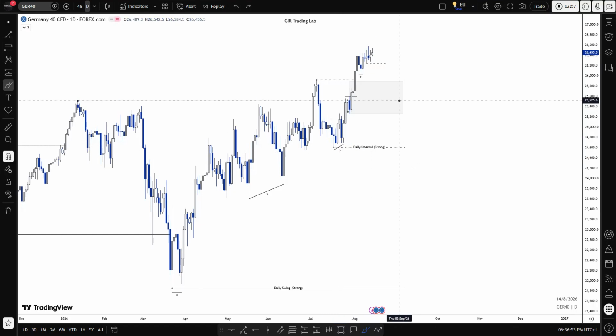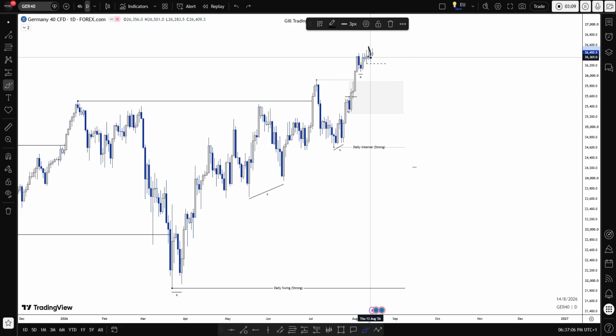So for this coming week, we might either see that order flow shift to signal the start of the internal pullback, or as we can see, price pulled back to this fractal range on Thursday. And as you can see, price is rolling up maybe, but it is not with momentum.